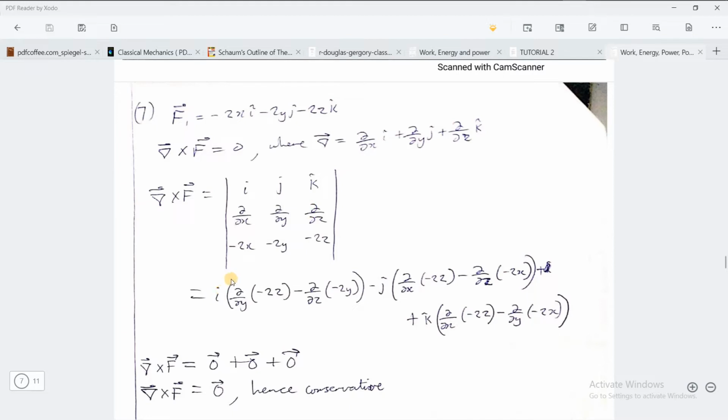We take i outside, then we multiply this times this, we get this, minus this times this, we get this.